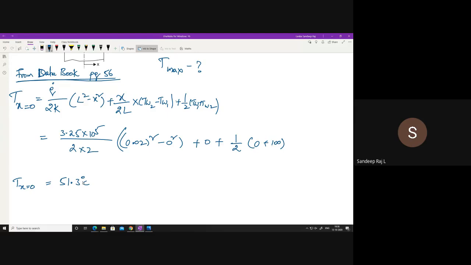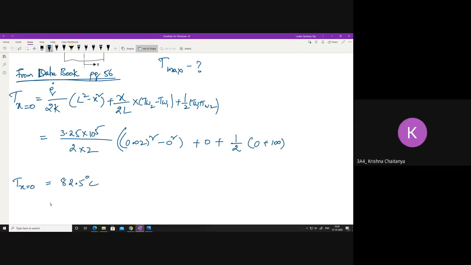Meanwhile, you keep solving the other things asked in the question also. It is not 51.3, I guess. It is 82.5.